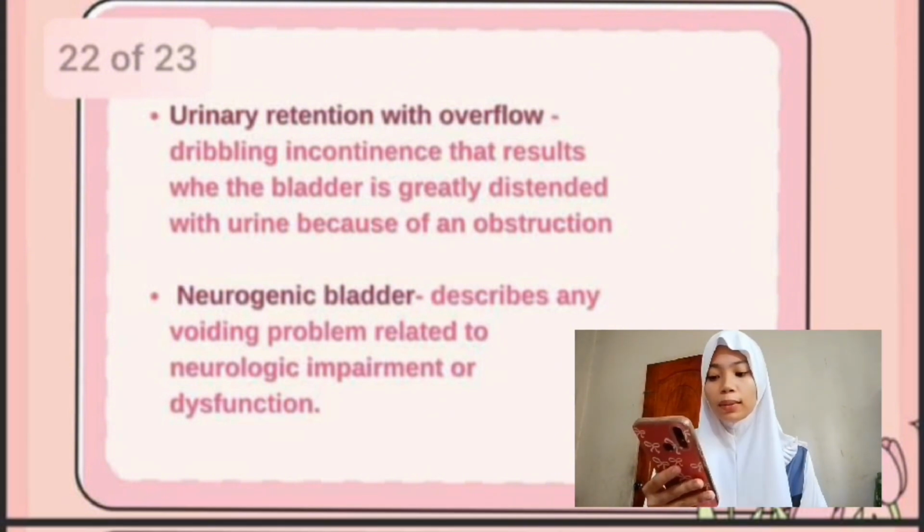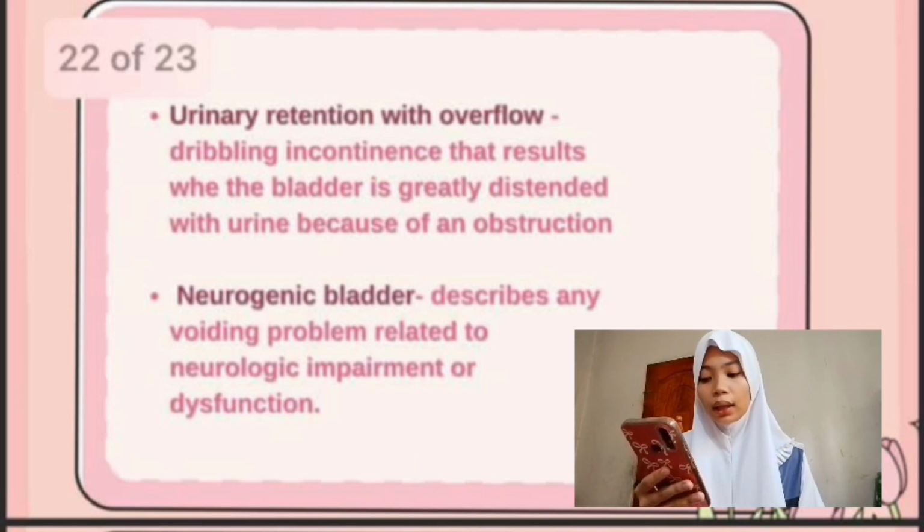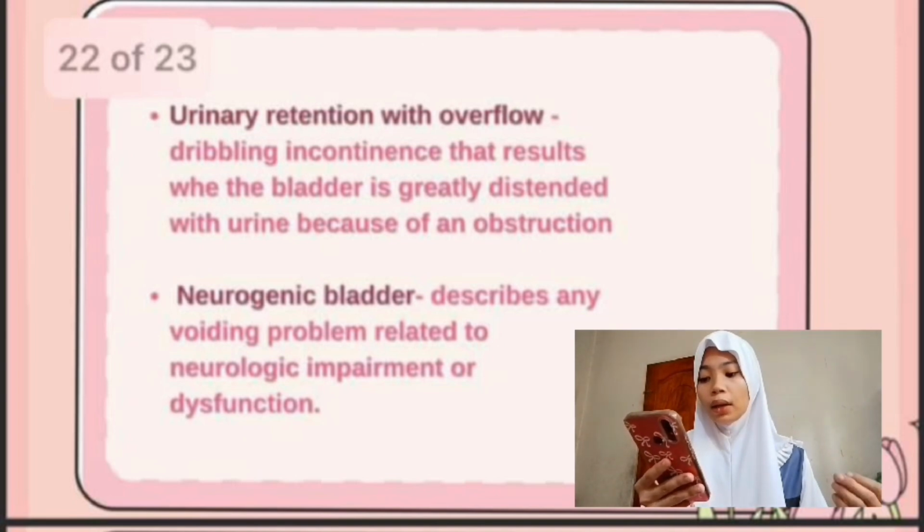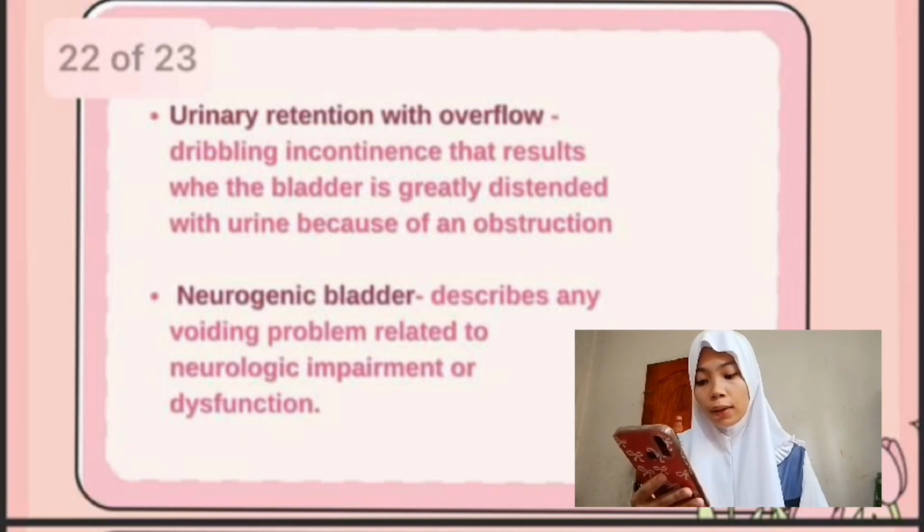So ang symptoms ng neurogenic bladder is incontinence, leaking urine, difficulty starting urination, urinary retention, inability to fully empty the bladder, frequent urinary tract infections, dribbling or weak stream of urine.